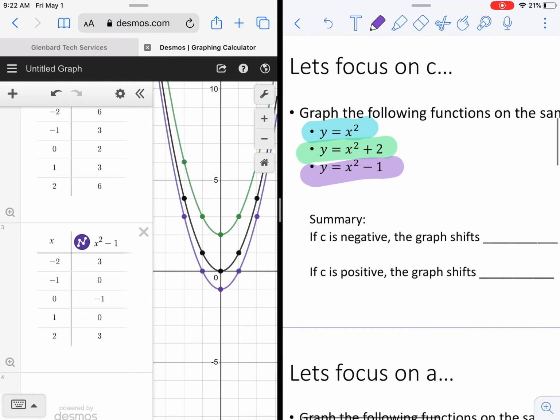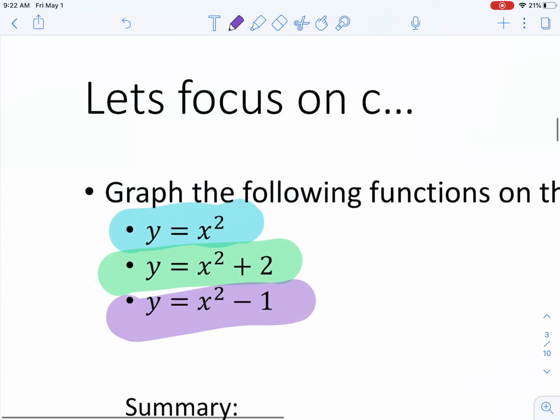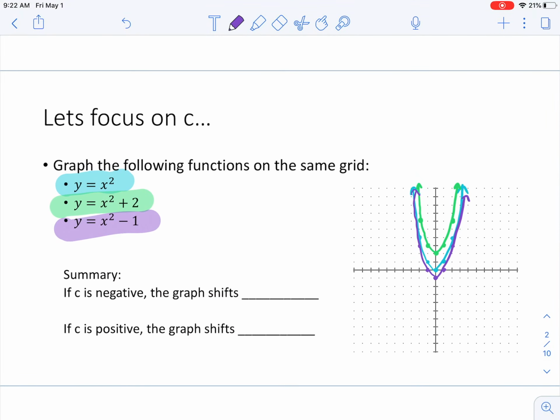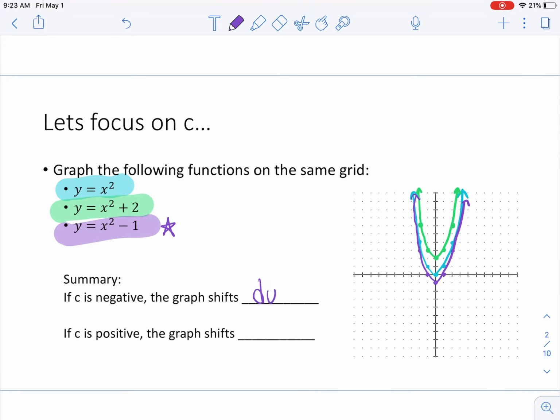So, summary. Let's get out of Desmos for a minute. When C was negative, which was this problem right here, the graph shifted down. So it went down 1 unit compared to x squared, the blue graph.